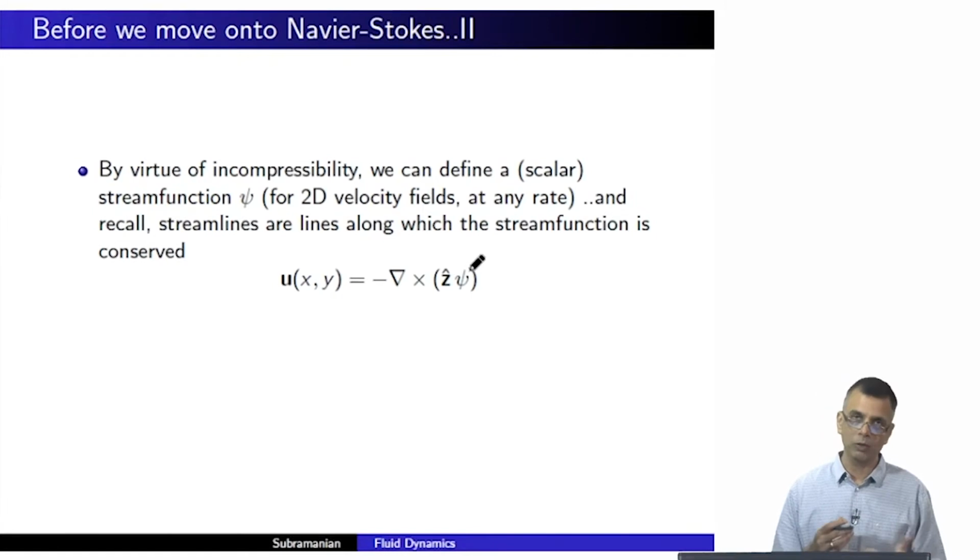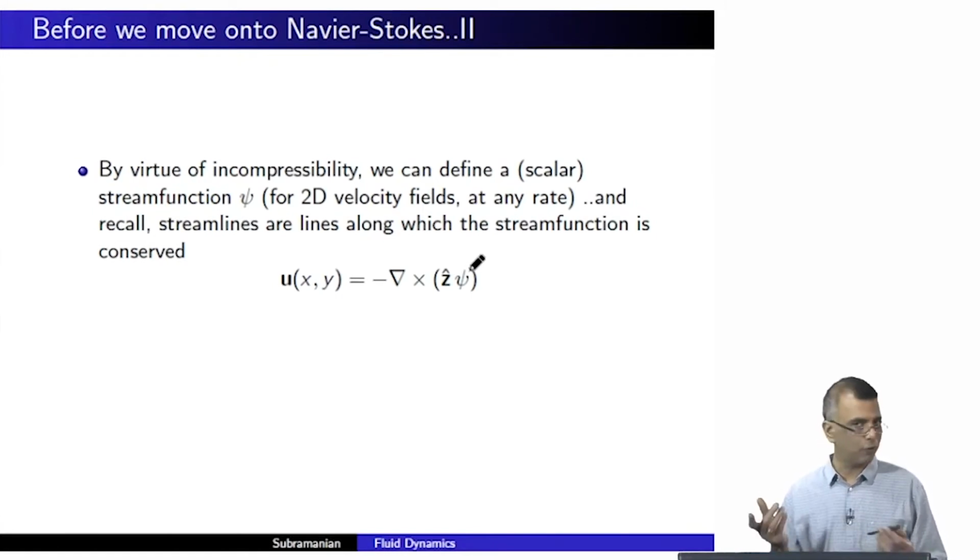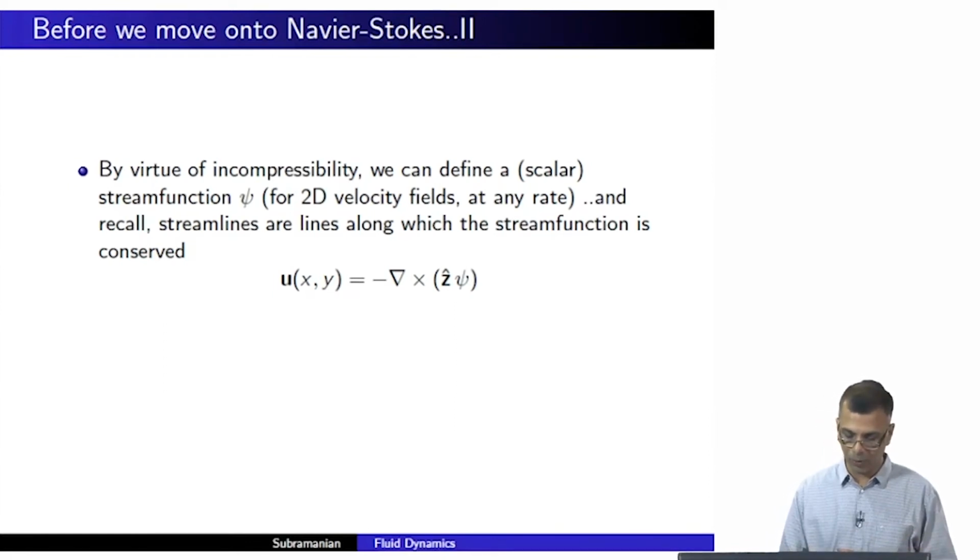We also saw that there are different definitions of a streamline. The physically, intuitively appealing definition is one where you join the little velocity vectors together and you form a streamline.